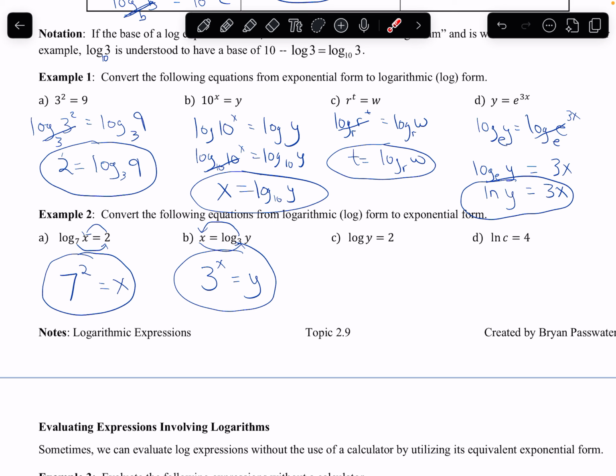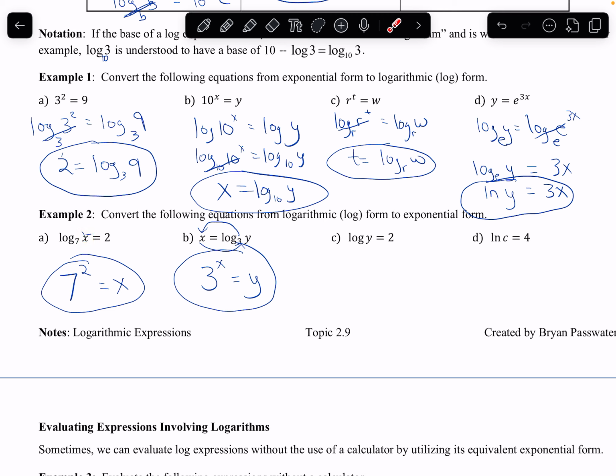A logarithm, let me go ahead and erase these arrows. A logarithm is saying this, and this is really important because I want you to understand what the logarithm is actually saying. You start with this number, and a logarithm is saying, what power do I raise this number to get this?